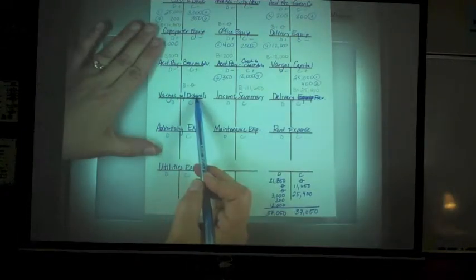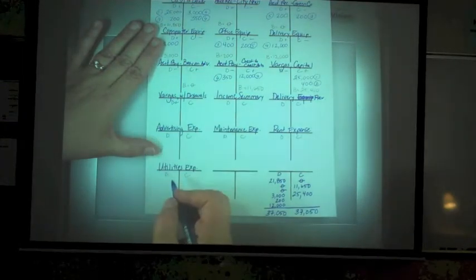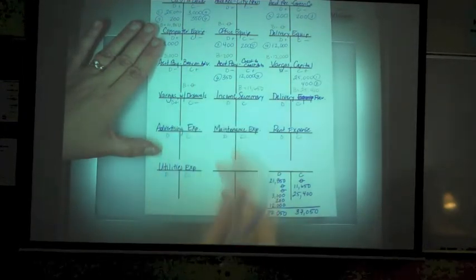And then we'll decide which side is going to be increased. In the case of withdrawals, withdrawals affects owner's equity on the debit side. So we're going to increase withdrawals on the debit side, making that a decrease.